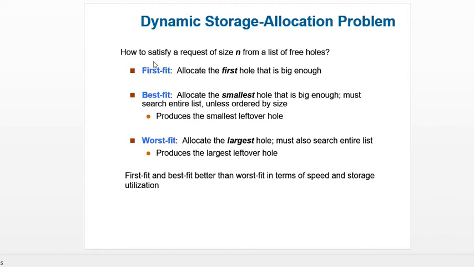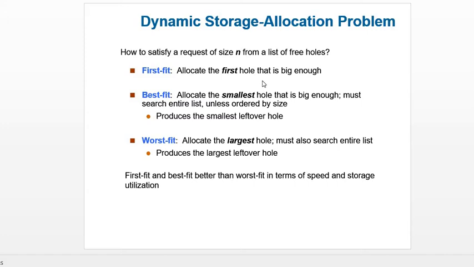Here you are going to see how to satisfy a request of n processes from a list of free holes at runtime. There are many solutions to this problem. We use three strategies here: first fit, best fit, and worst fit. When I say first fit, allocate the first hole that is big enough.